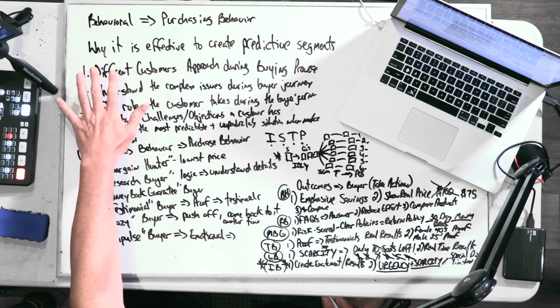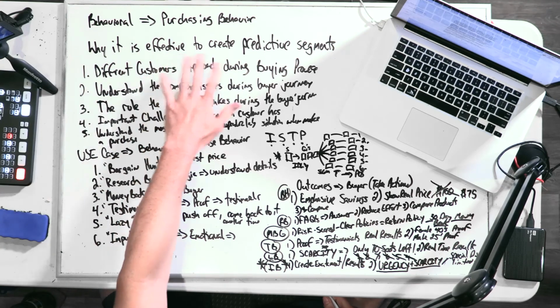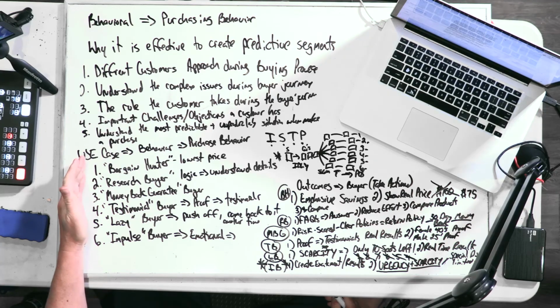So, as you guys can see, by me creating a behavioral segment around purchasing behavior, you can see how I get somebody through my survey. I get them to give me some information about them. They're self-declaring information. They're telling me things about them that allow me to put them into different groups. And I've created my 6 different groups.